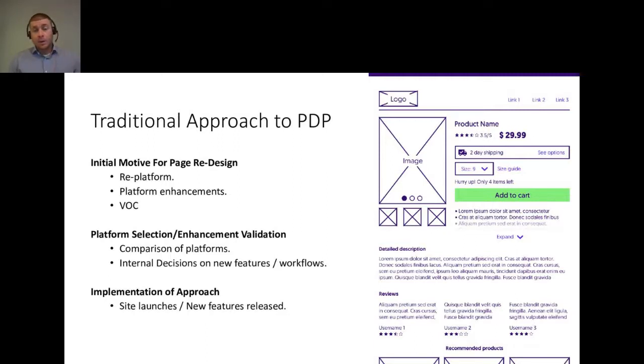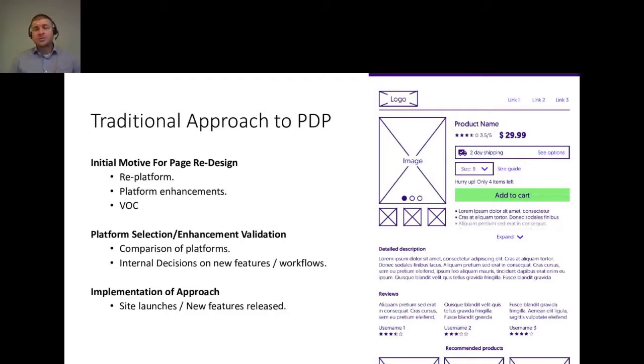So once that does happen, what's the next step? Well, the platform selection and enhancement validation is the next step. So okay, you want to upgrade or change your platform. There's a ton of different vendors out there. How do you align each vendor based upon what your needs are as a business, but also what your customer needs are?